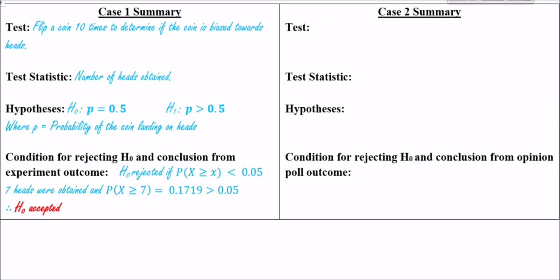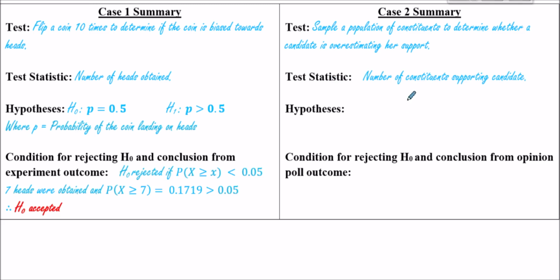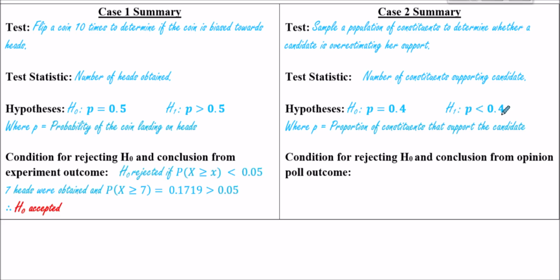Whereas in case 2, we had a test which was sampling a population of constituents to determine whether a candidate was overestimating her support. Our test statistic for this one was the number of constituents supporting her. Our H0 was that the proportion of people supporting her was 0.4, with an alternative hypothesis that the proportion of people supporting her was less than 0.4.